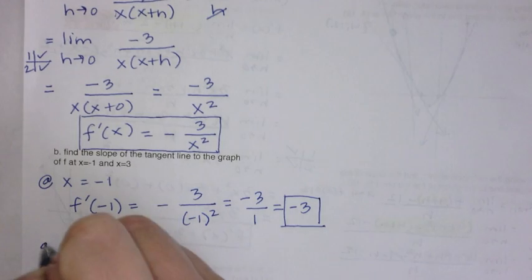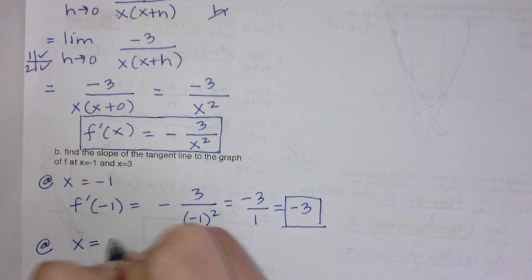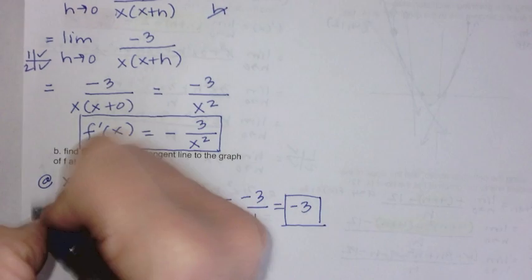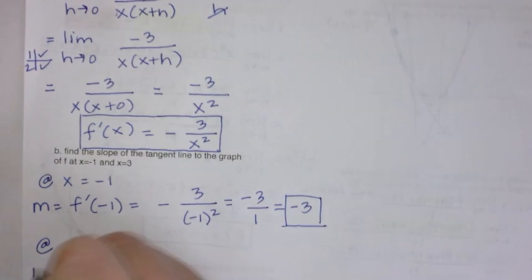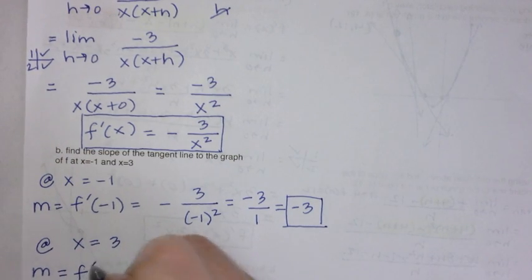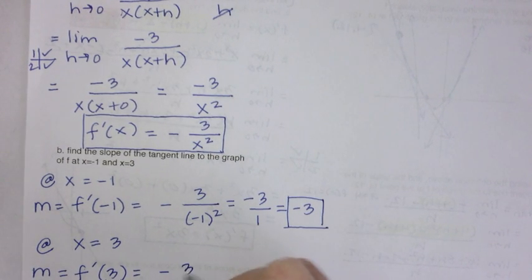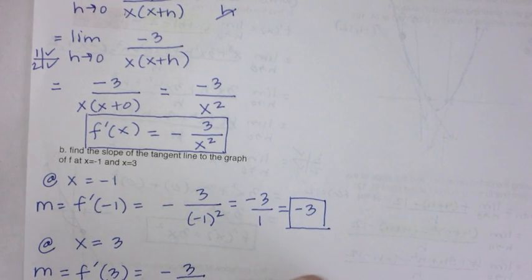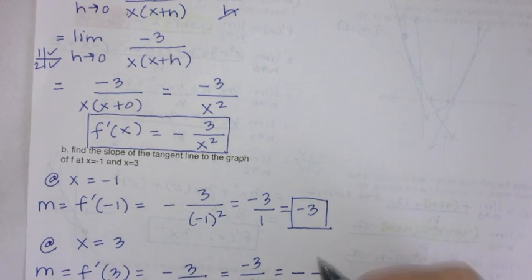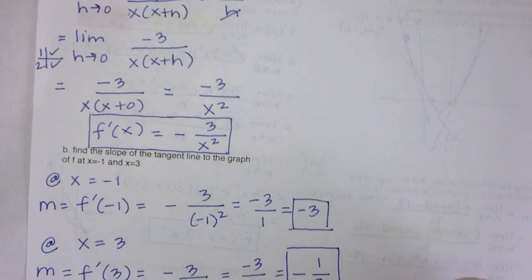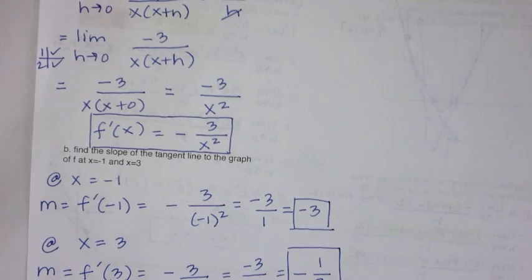And then at x equals 3, the slope equals the derivative at 3. So we do that same math. And of course we reduce our fractions. So we get -3 1/3.